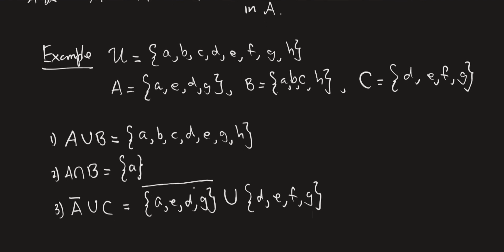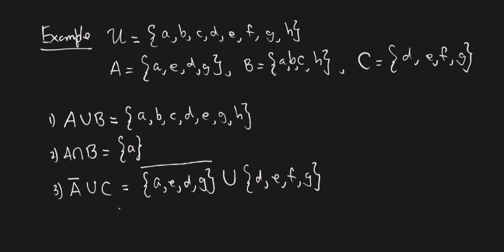Okay, so let's go ahead and write down first what the complement is. So let's figure out all the elements that are in the universal set, but not in A. So B is in the universal set, but is not here.